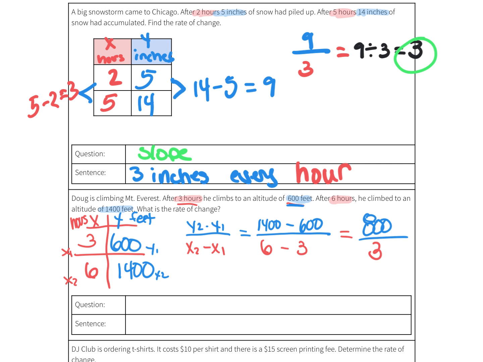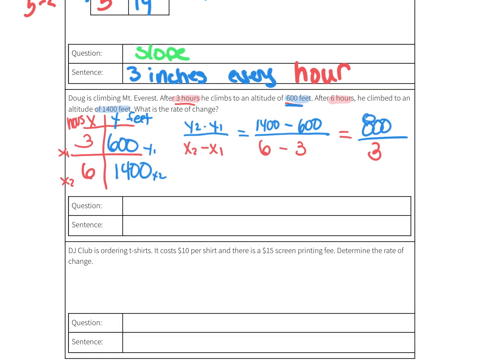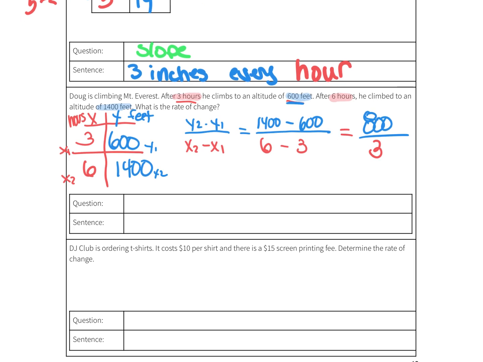I'm going to get a number with a crazy decimal. So what is my rate of change? My rate of change simply is 800 feet every 3 hours.